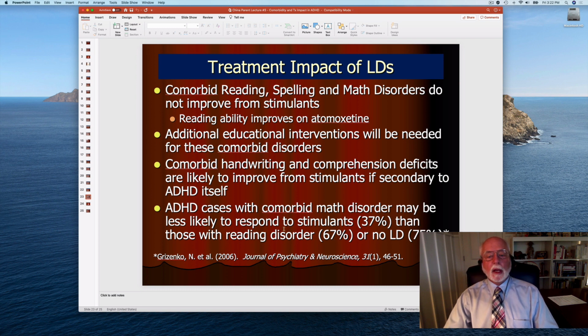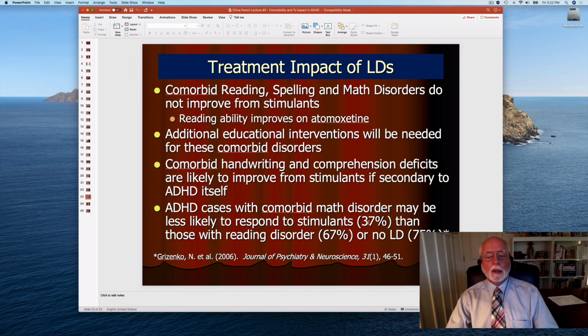And you can see that here. About 75% of ADHD children who don't have learning disorders, like mathematics, respond to methylphenidate. Those who have a reading disorder, it's only slightly less. About 67% are likely to respond to that drug.